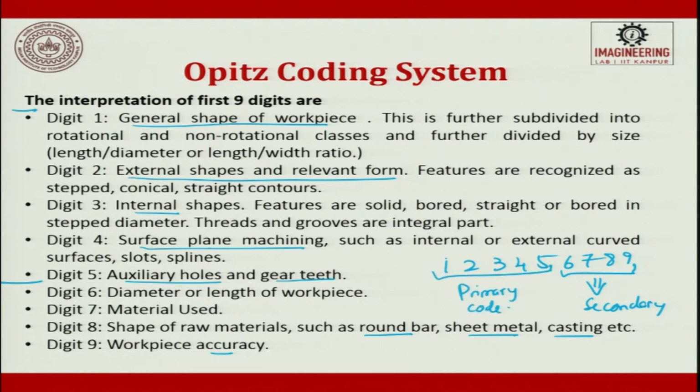Each digit takes a value from 1 to 9. So, you can see how many different options you can have for this coding system. Opitz is most popularly used, and in a similar way other coding systems are also used.